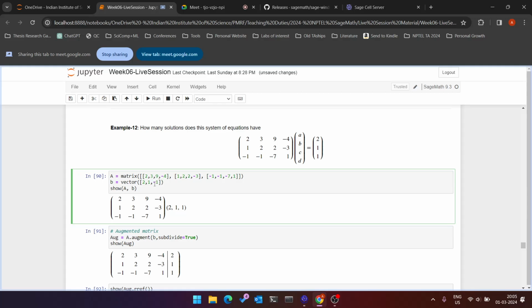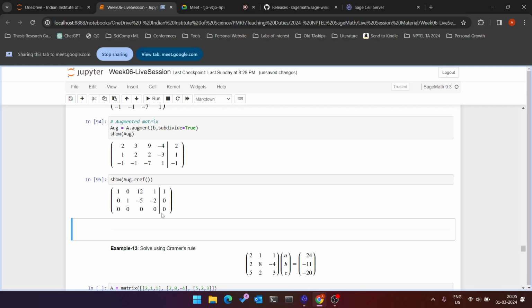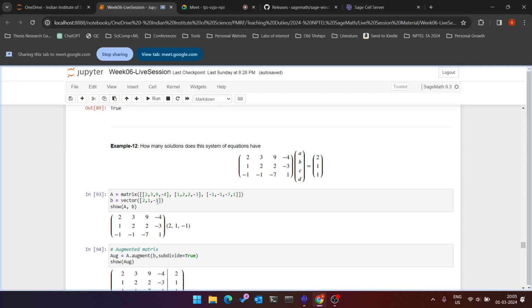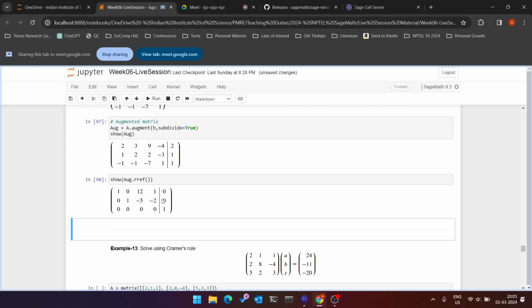If I change this, this is what I get. So this becomes consistent, and then you have infinitely many solutions for these two equations. So for the provided example, we do not have a single solution.